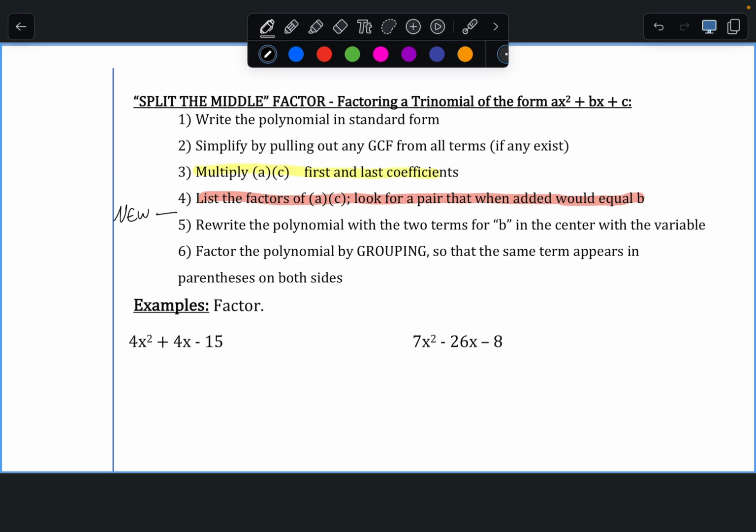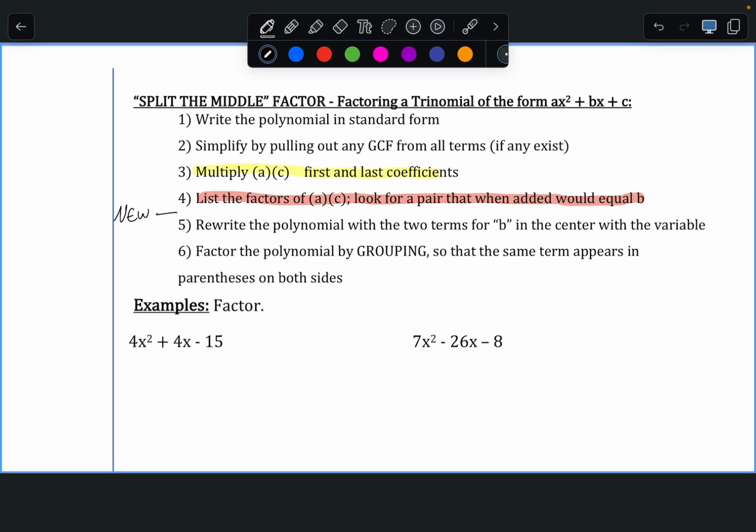So you're going to rewrite that polynomial, splitting the term for B in the center with your variable. And then you'll factor by grouping, and factoring by grouping is something that we've already done. You group the first 2, you group the last 2, find a greatest common factor, take it out, and then your parentheses should be the same.